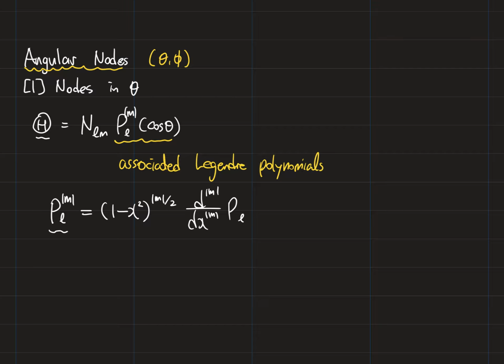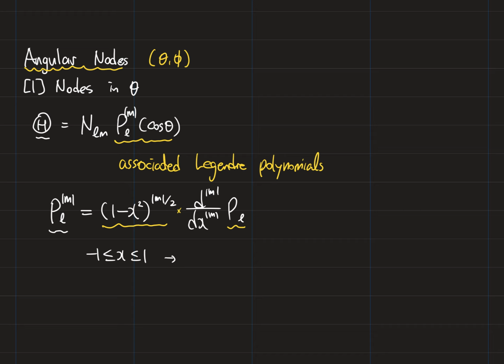You differentiate the Legendre polynomial |m| times, and you multiply by this function, right? And we are talking about the function for x between -1 and 1, right?